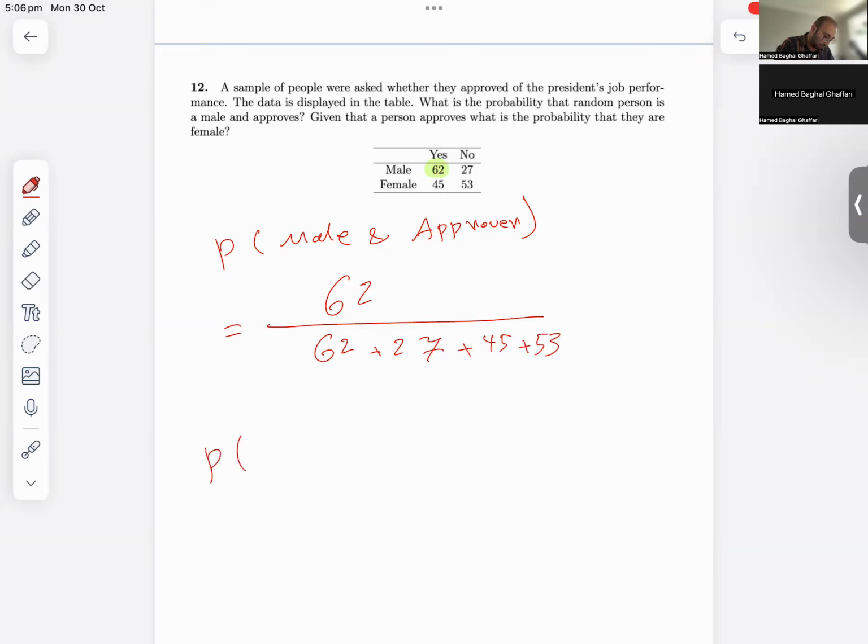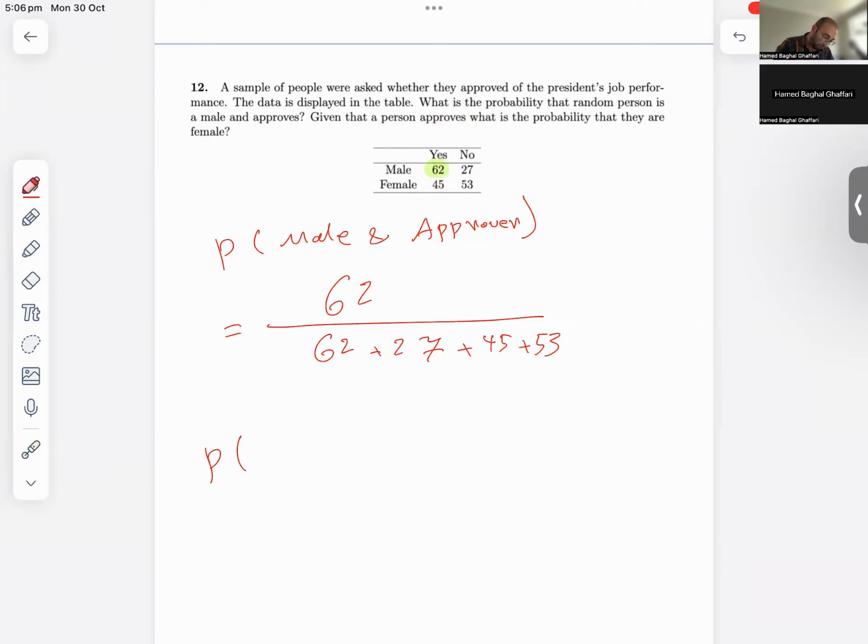The rest of the question is, given that the person approves, so the condition is yes, approving. My whole sample space is restricted to the approvers. And what's the probability that the approver is female?